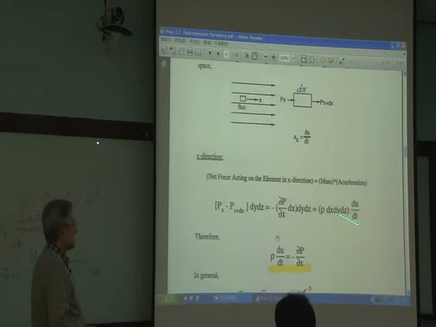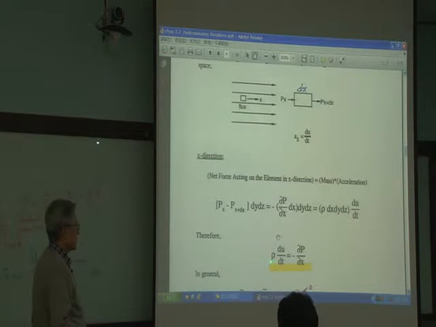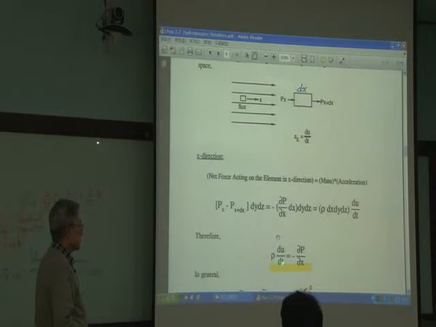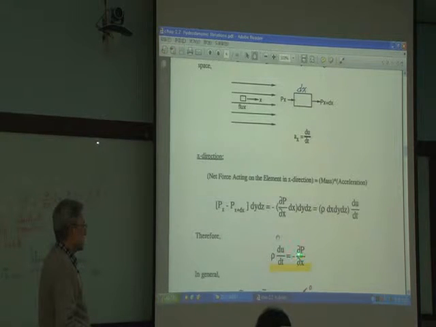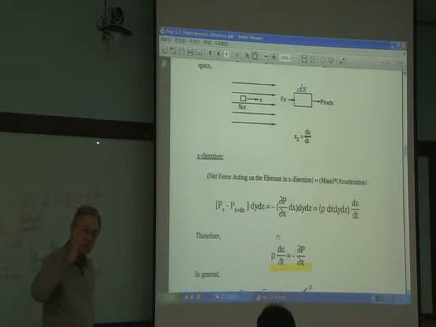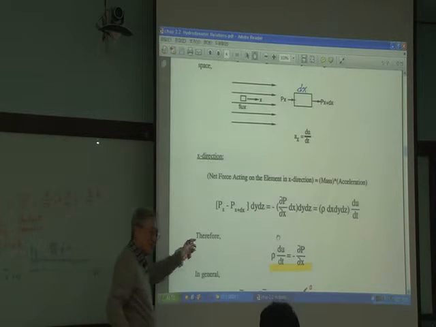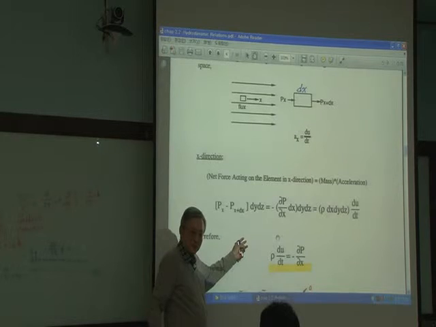So then you can just cancel the terms. You have rho du over dt is equal to minus del p over del x. Your remembrance is coming back? No? Still far away? You have done this before, can't you?